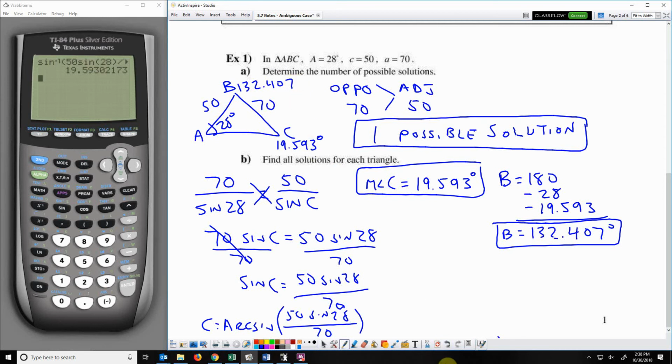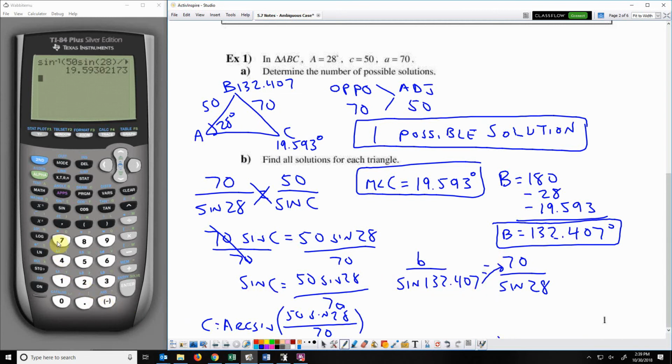So in order to find side B, I do B over sine 132.407 equals, and I can use 50 over sine 19.593, but I think it's just going to be easier to type in the calculator if I use 70 over sine 28. So I just need to multiply this across.